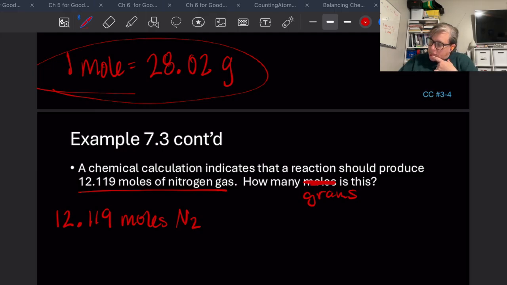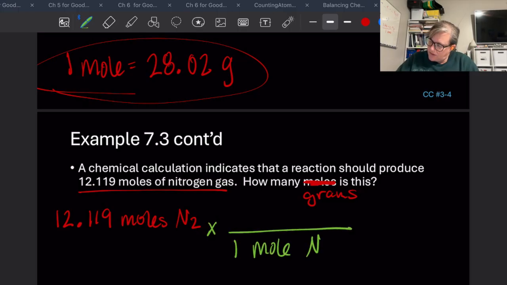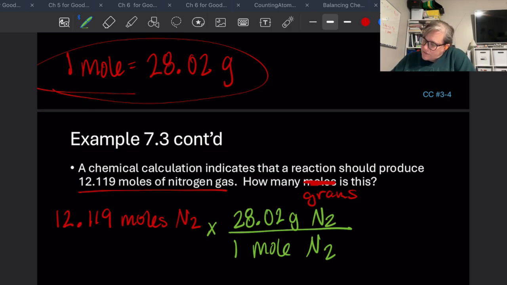Okay. So now let's do our conversion factor. 1 mole of N2 has a mass of 28.02 grams. When we go to multiply these, we have moles on the top and moles on the bottom, so that's going to cancel out.